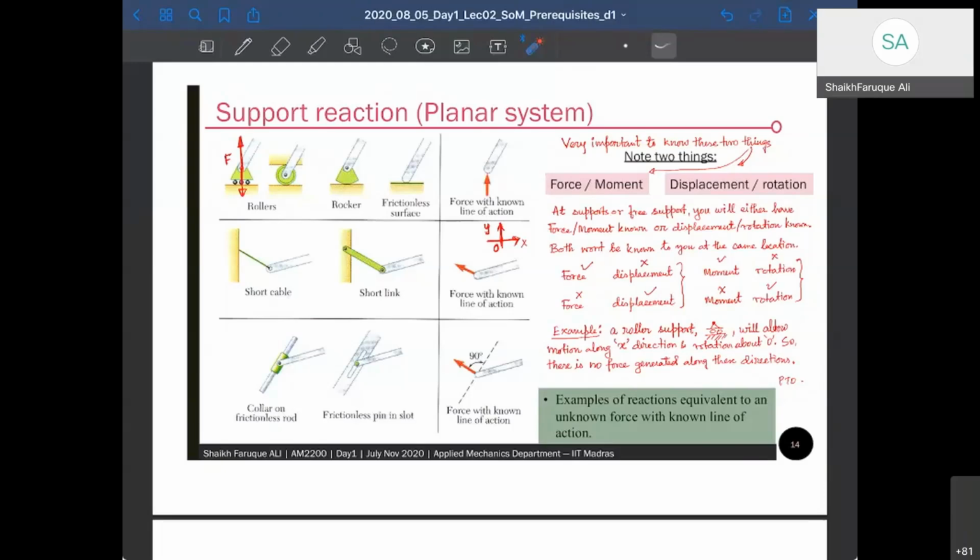Now apart from this, there can be conditions where some deformations and some forces can both be there. We will solve those kinds of problems. But in general, this is the condition that is going to be satisfied. I can give you one example right now. Suppose I have a cantilever beam again, and I give a spring here. In the previous case, we said the force at this point is 0, but now it won't be 0 because there is a spring attached.